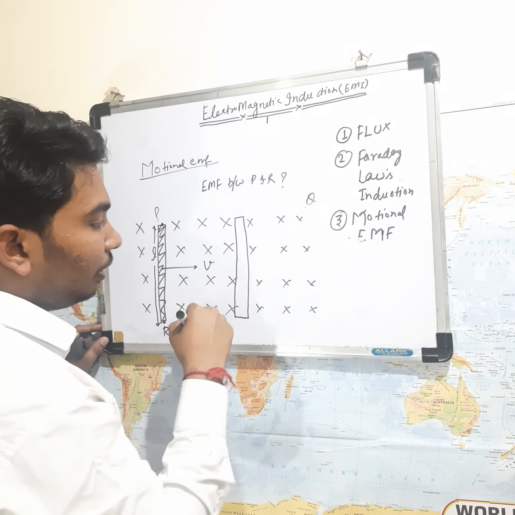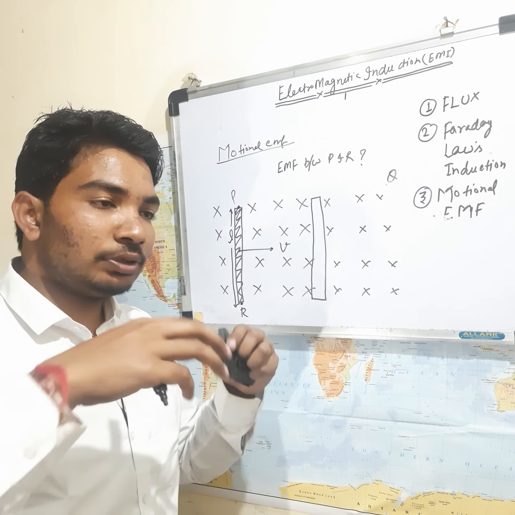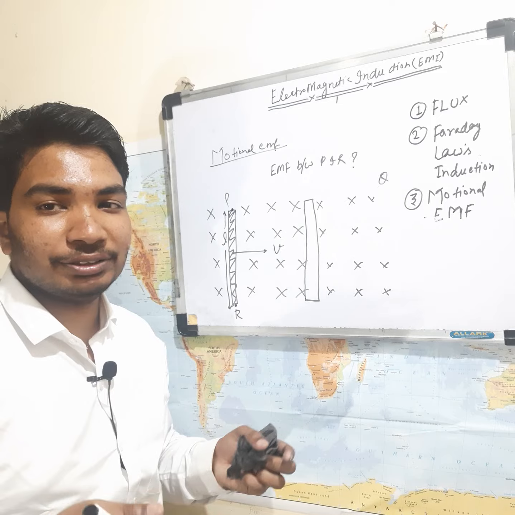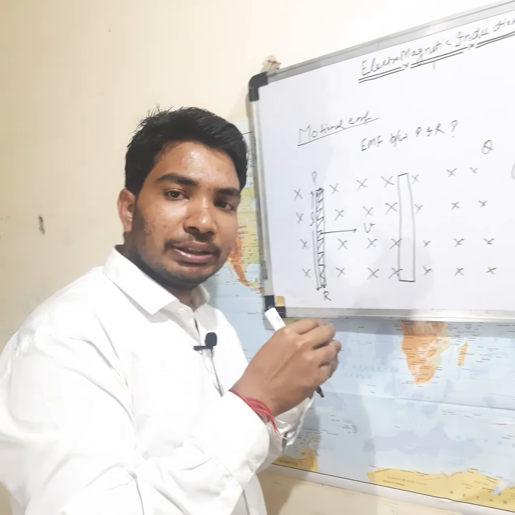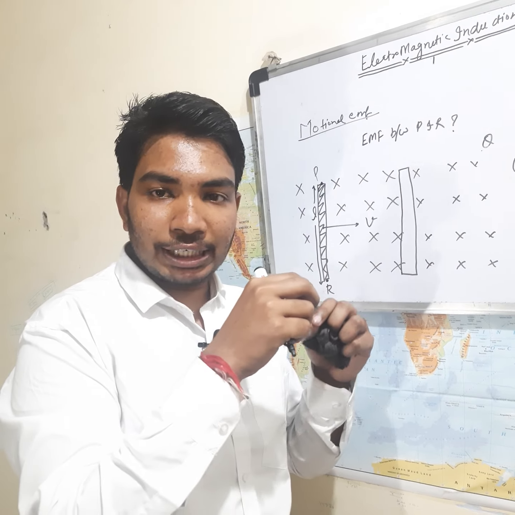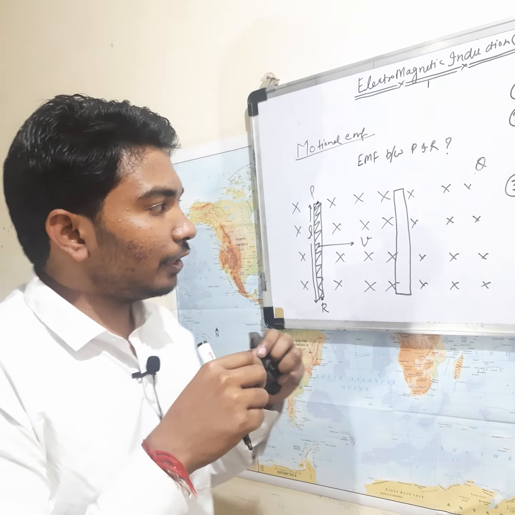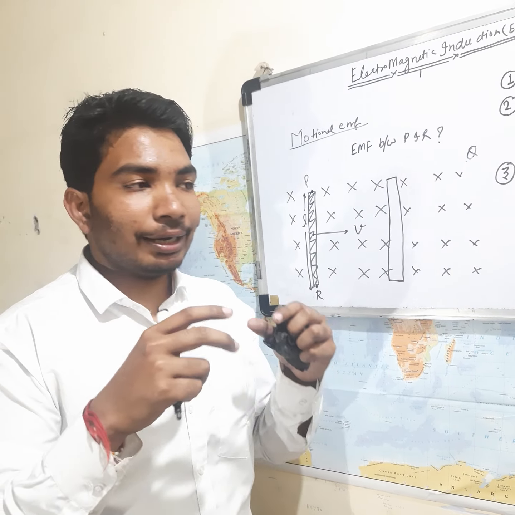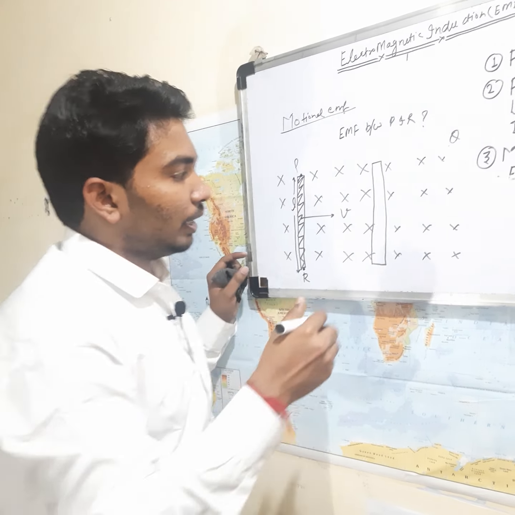Inside this rod, there are thousands and billions of electrons floating around, and because this is a conductor, the electrons inside are like an ideal gas. They are just in random motion.